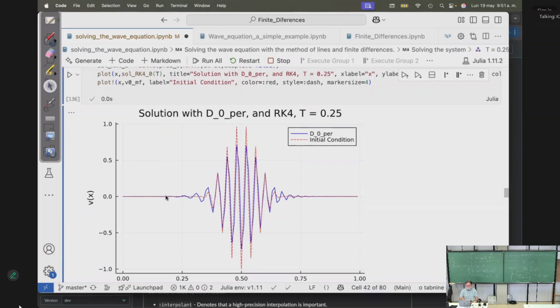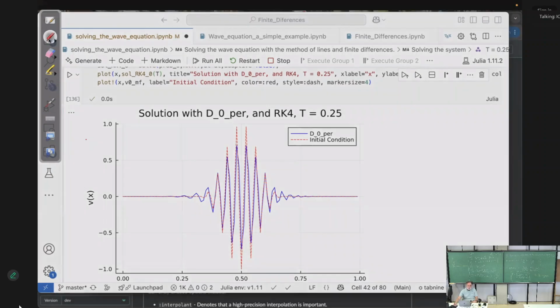This is the initial condition in dashed red lines, and this is the solution after 0.25. The exact solution should be around here, because it's moving, well, a bit less than that. It should be centered here.